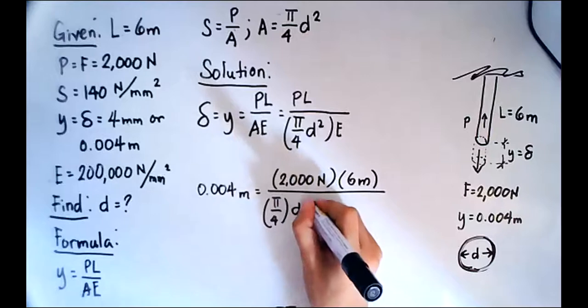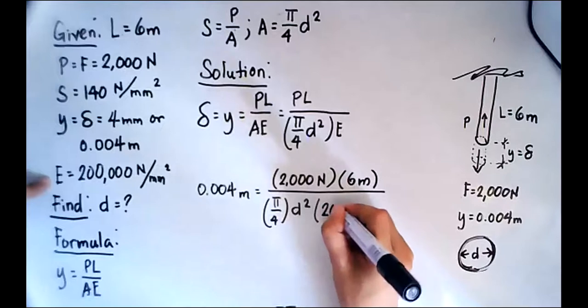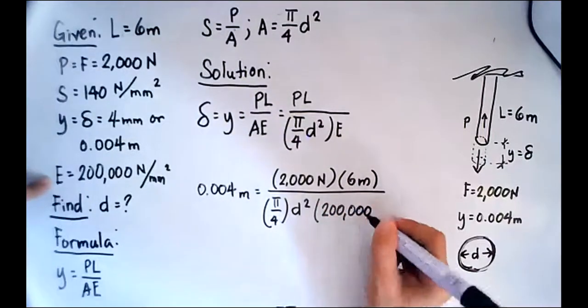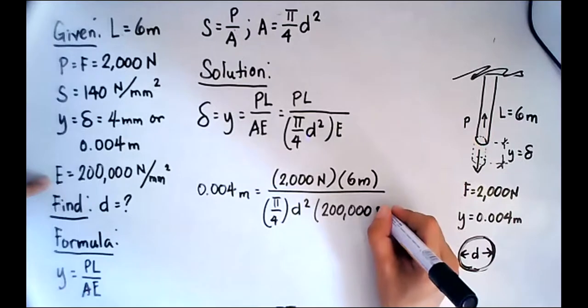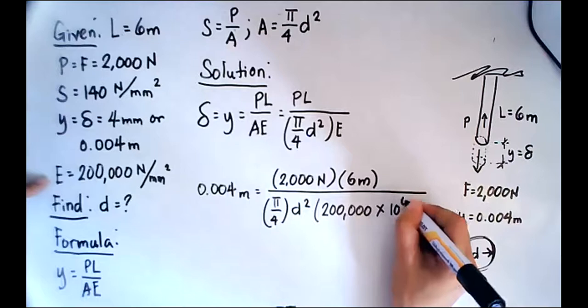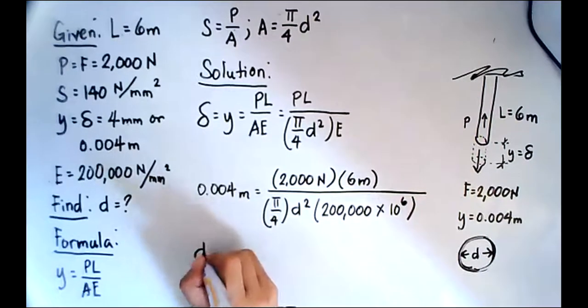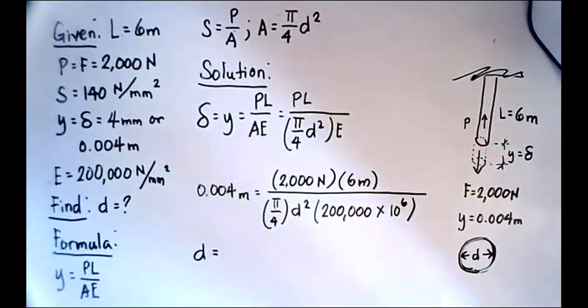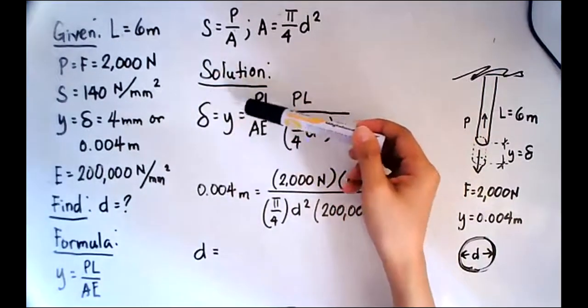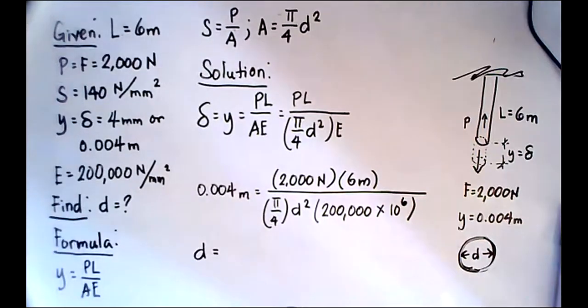We don't know the value for the diameter, but we have the value for the modulus of elasticity, which is 200,000. If we are going to convert this to Newton per square meter, it has 10 to the 6th. Okay. So the value for D will be equal to, or you can determine first the stress times L over E. Okay. Okay, let us try solving for this one.